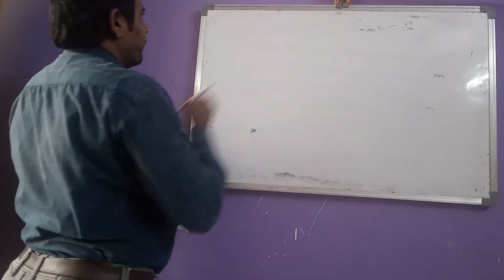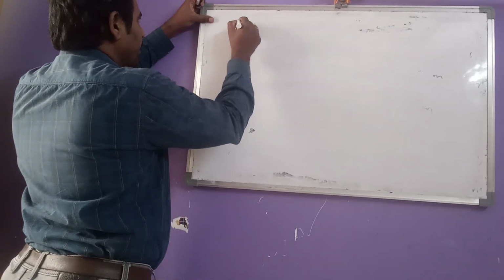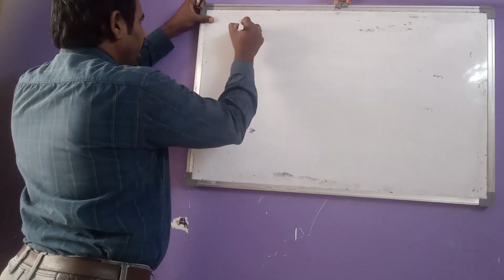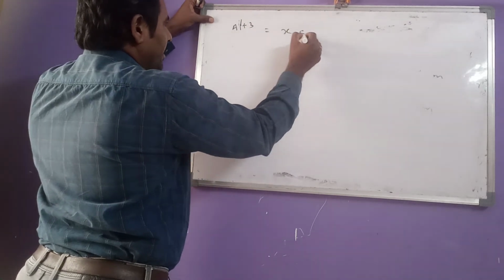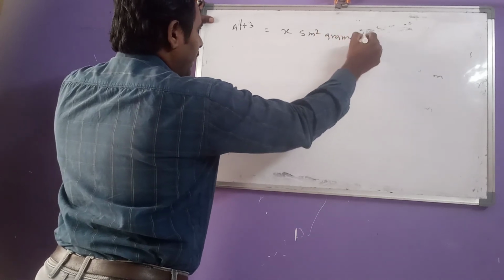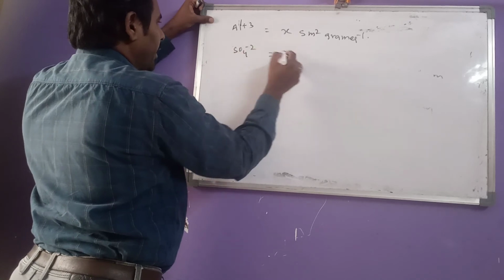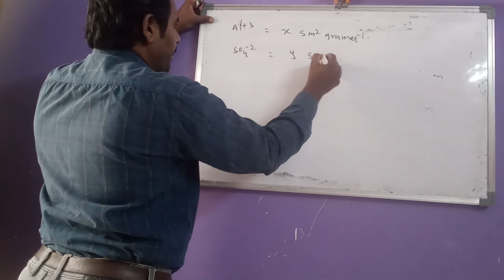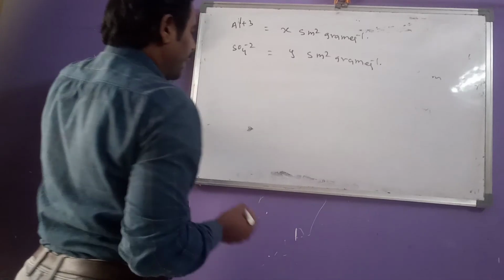So see here, ionic conductivity of Al plus 3 is x Siemens meter square per gram equivalent, and SO4 minus 2 is y Siemens meter square per gram equivalent.